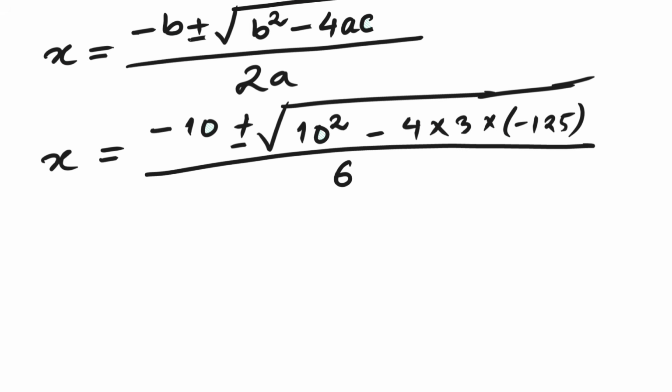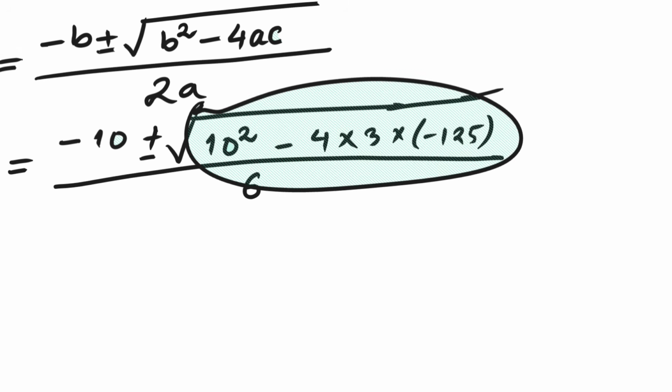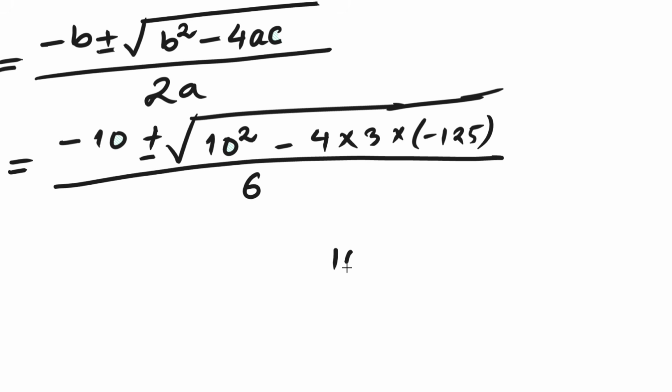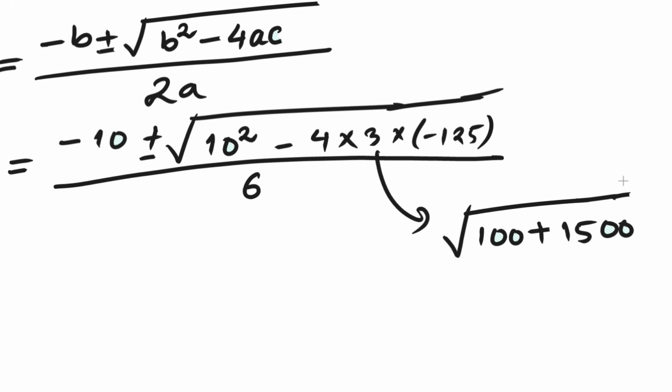Let's simplify the expression inside the square root carefully. 10 squared is 100. The product of 4, 3, and negative 125 is negative 1,500. Because we are subtracting that negative quantity, it becomes addition. So the expression under the square root is 100 plus 1,500, which equals 1,600.